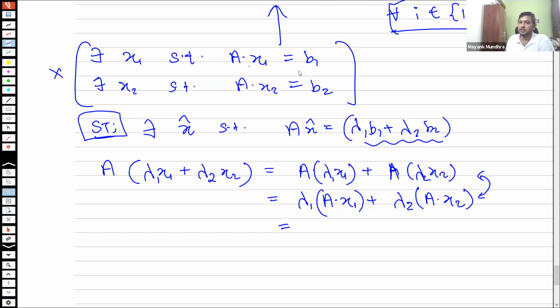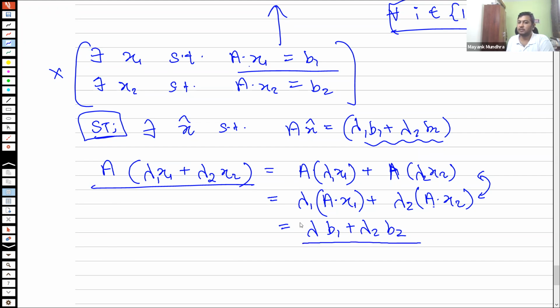Now Ax1 is equal to b1 and Ax2 is equal to b2. So what I have is A times (lambda 1 x1 plus lambda 2 x2) is equal to lambda 1 b1 plus lambda 2 b2. So this is the desired solution which I wanted.